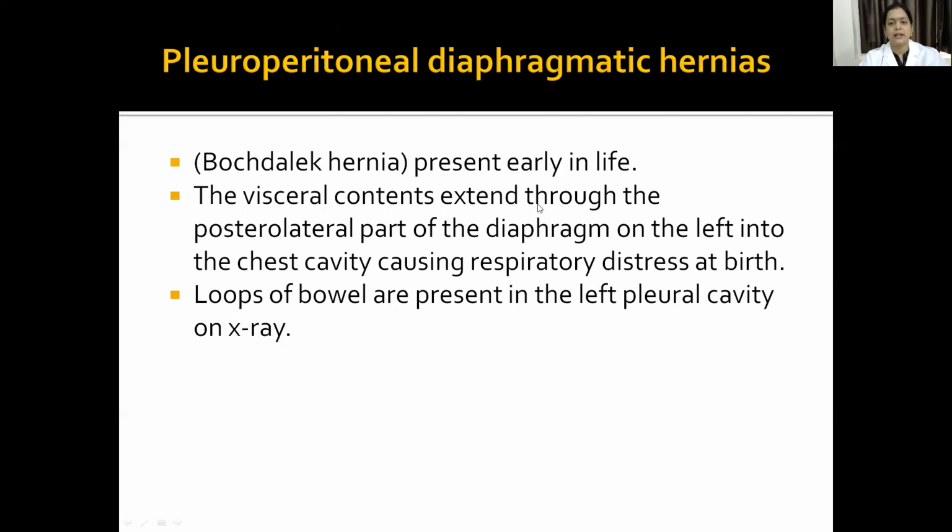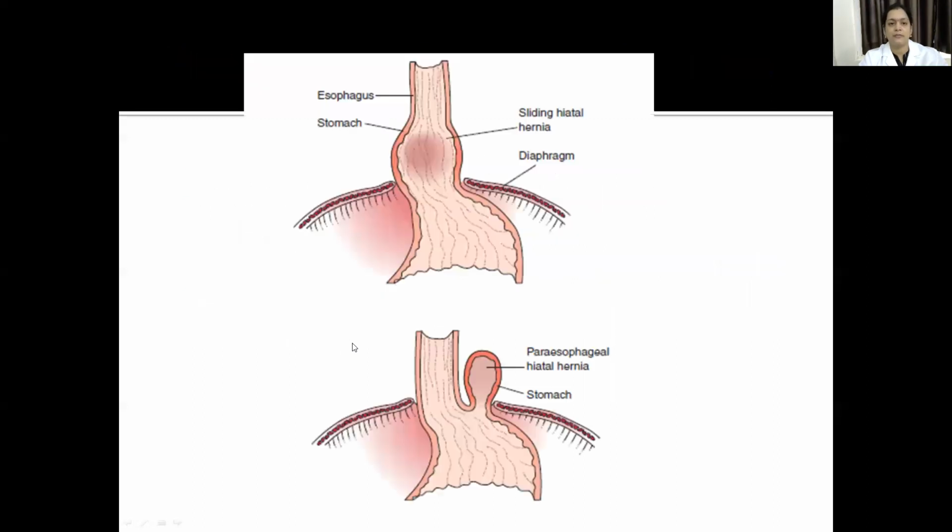The visceral contents extend through the posterolateral part of the diaphragm on the left into the chest cavity. So this part is coming out and going into the chest cavity, so that there will be some respiratory distress. So the loops of bowel are present in the left pleural cavity on the X-ray. That's what you can find here.